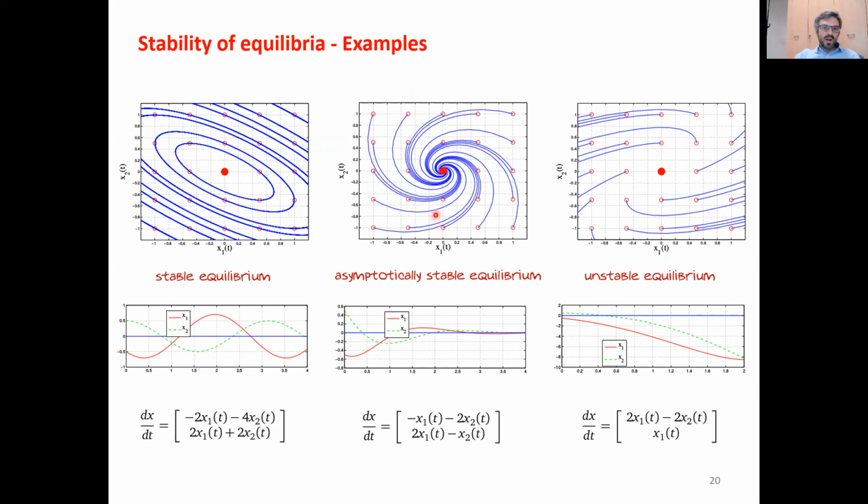While in the asymptotically stable one, whatever you start from, you converge to the equilibrium point. So these are all the possible trajectories. You can think of an asymptotically stable equilibrium point like a pendulum that you move from the vertical, and after gravity and with some friction, it will converge to the bottom, to zero angular position, if you consider the angle about the vertical.